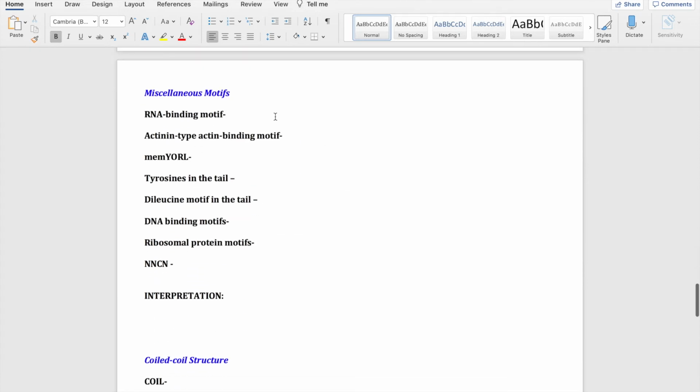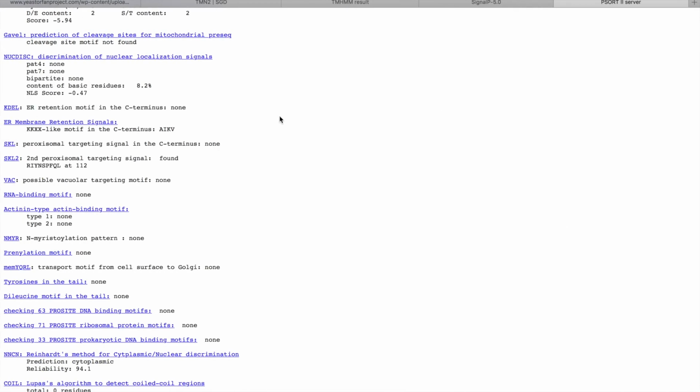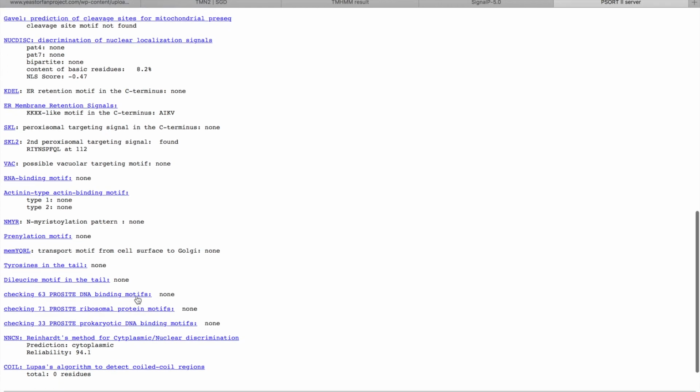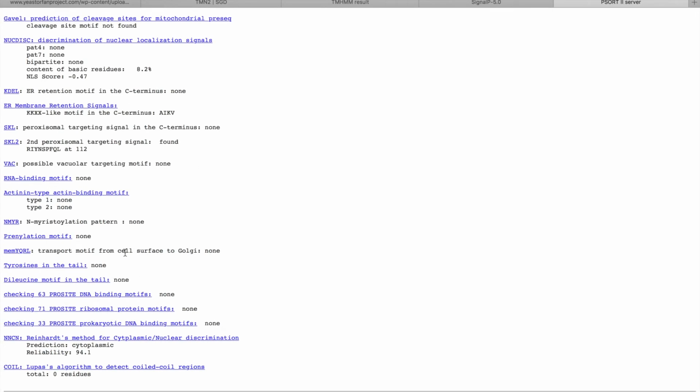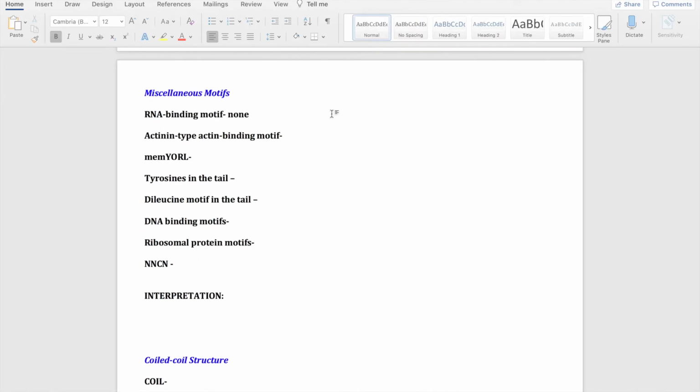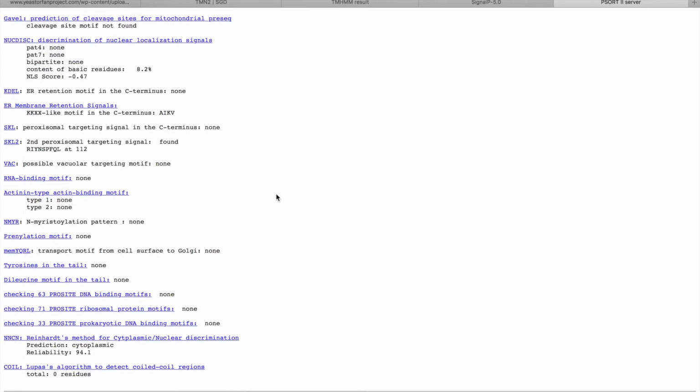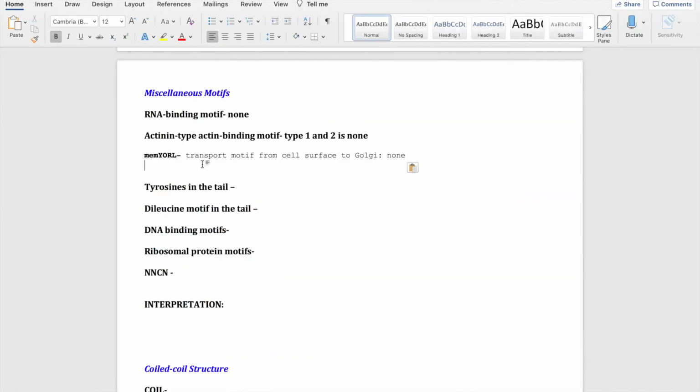So now on to the miscellaneous motifs. The RNA binding motif is none, and the actin binding motif for type 1 and type 2 is none. For the MEMYORL, the transport motif from cell surface to the Golgi is none.